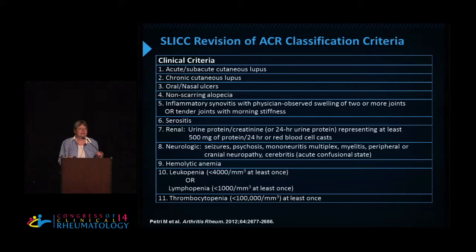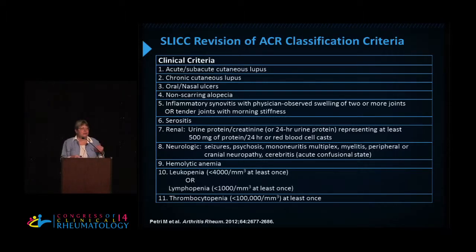Now, here are the clinical criteria, and the most important thing is that the definitions are so much more inclusive than the ACR was. So for the first one, acute cutaneous lupus, that now also includes subacute cutaneous lupus. For chronic cutaneous lupus, it's not limited to just discoid.